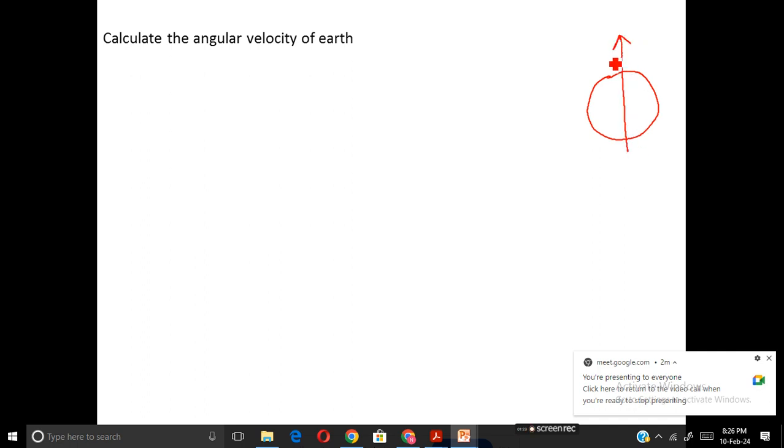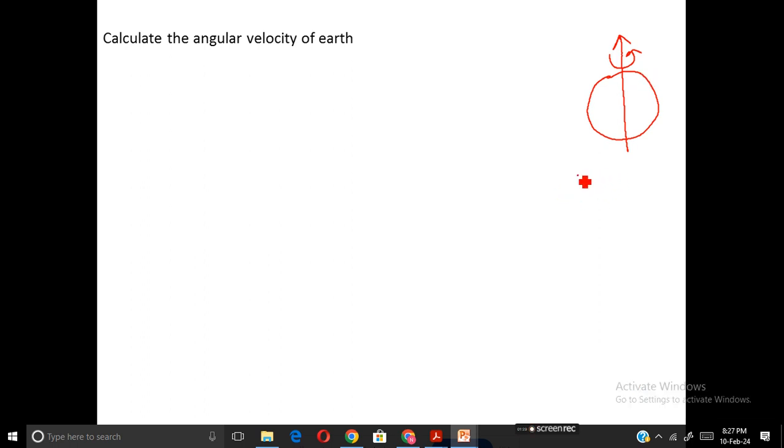This is the axis the Earth is rotating. Do you know which direction Earth is rotating? The Earth is basically rotating from west to east. The rotation of the Earth on its own axis is from west to east. So like this, the Earth is always rotating.